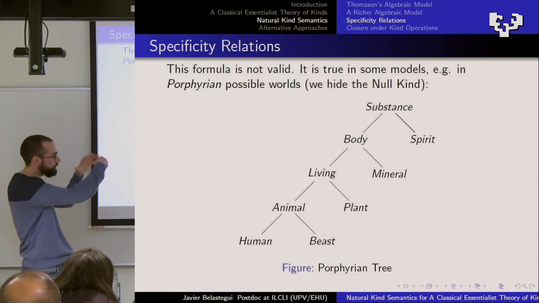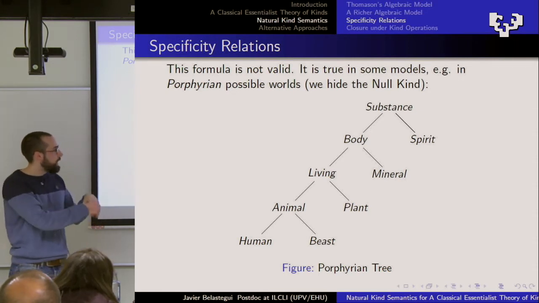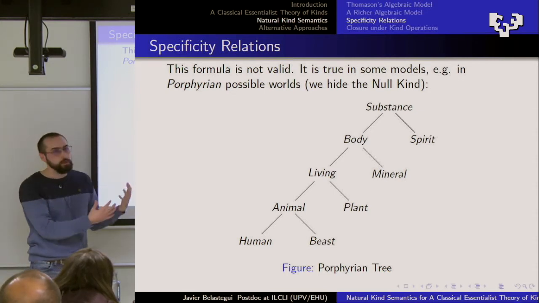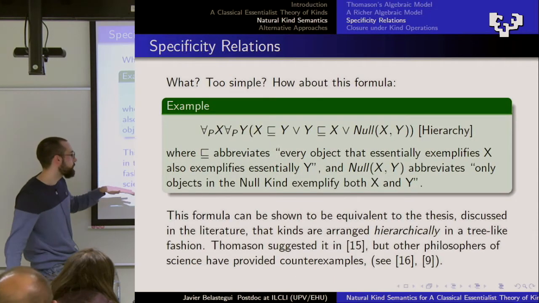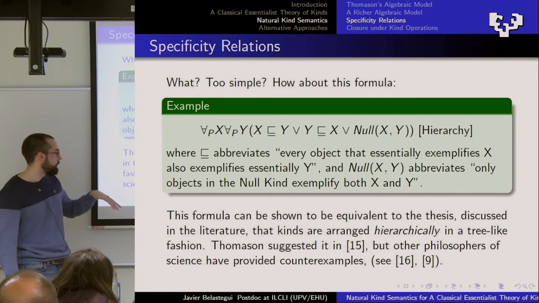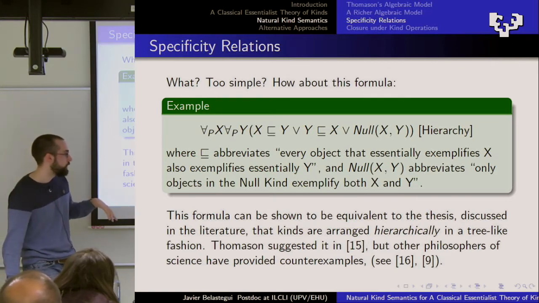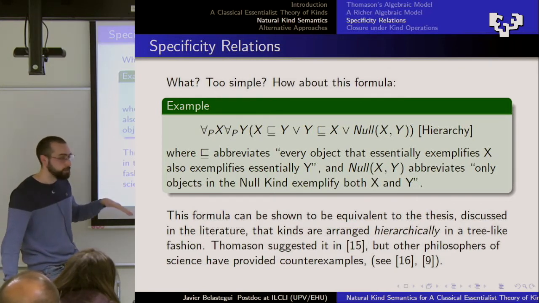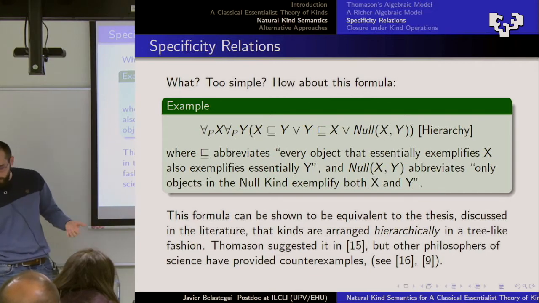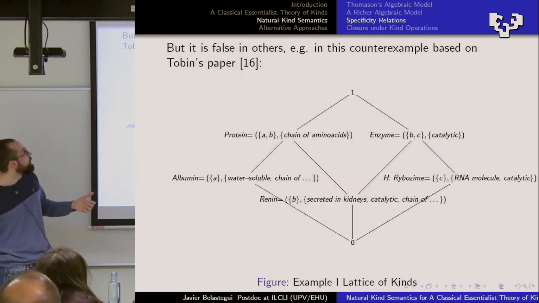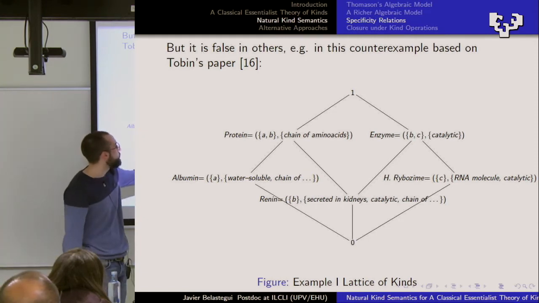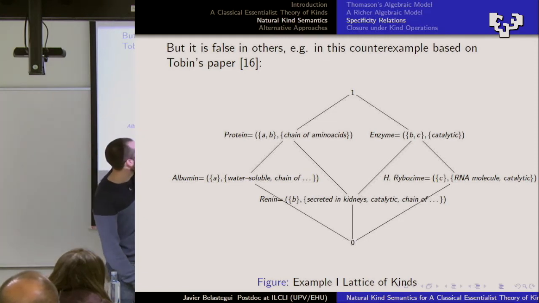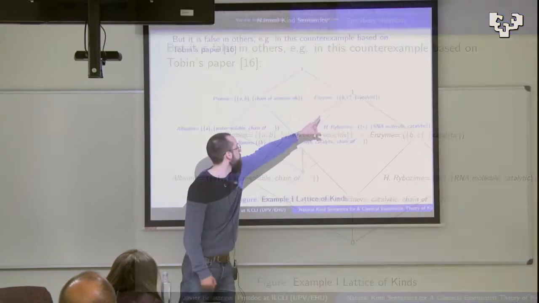The kinds form a tree-like pattern. But this is not always the case. Some philosophers of science, for instance Emma Tobin, famously argued that this is not the case, and they gave explicit counterexamples like the following. Right. So in this case, this is not a tree, because as you can see, these two branches mesh here.